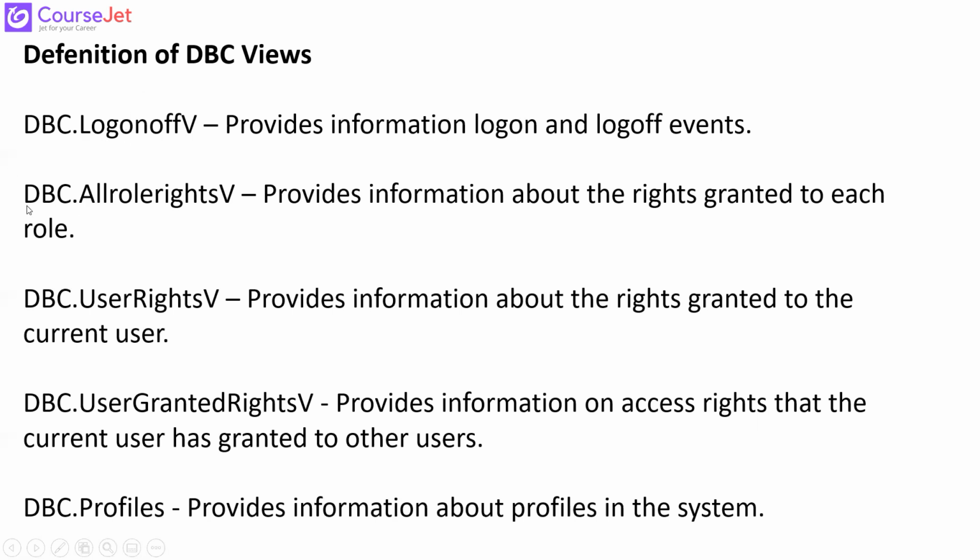And the other one is dbc.allrolerights. This is another one which you'll be using on a daily basis when you are provisioning the access. This metadata table contains the details about the rights granted on or to each role.